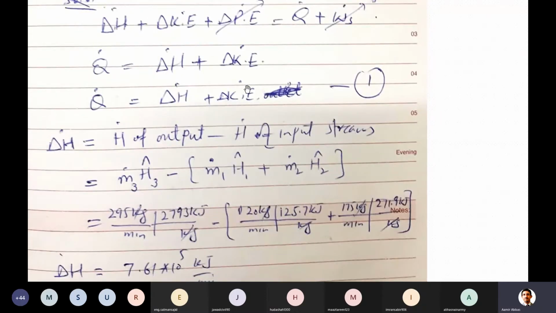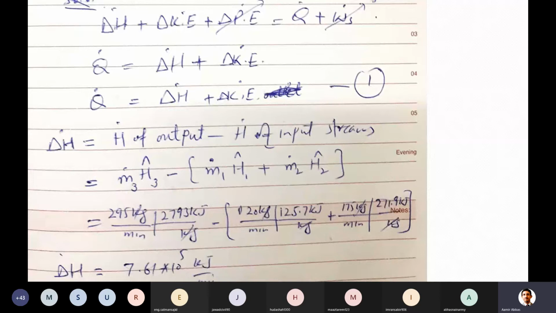Now the second part which you have to find is kinetic energy. What will be the formula for the change in kinetic energy? Sir, u2 square minus 0 over 2. No, just tell me something.